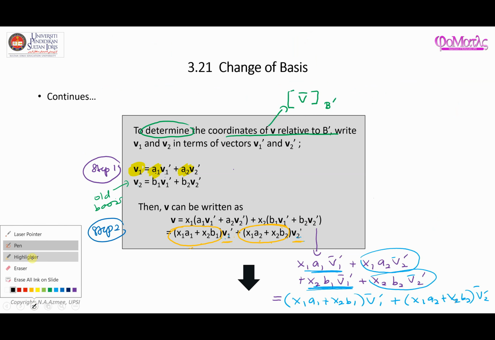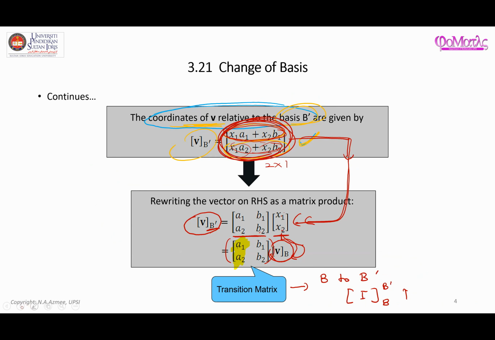Now, if we look at this part here, B1 and B2 is related to the second vector from the old basis. So B1 and B2 here, in terms of the transition matrix, the position here would be at this position.